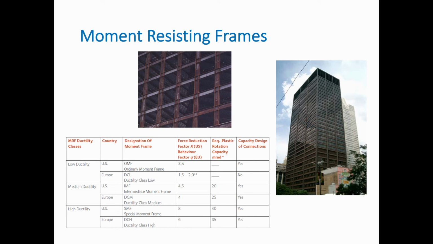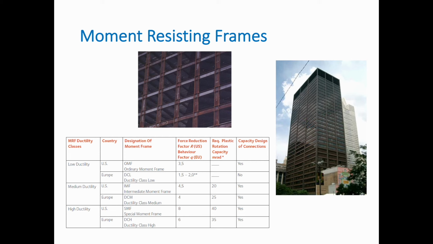This is a very good table because it synopsizes the R factors and the Q factors, the plastic rotational capacity, and the capacity design of connections and what can be done. So we're looking at the low ductility, medium ductility, and high ductility, and we have the US and the European standards, or approaches.